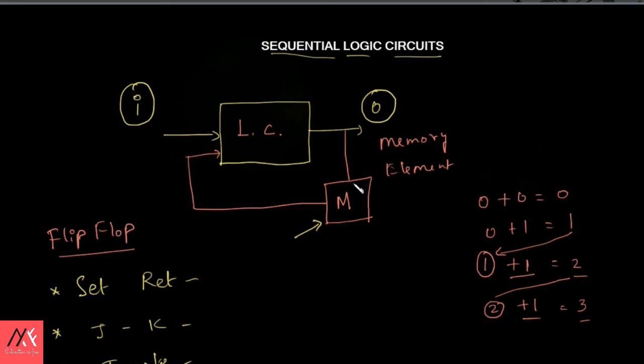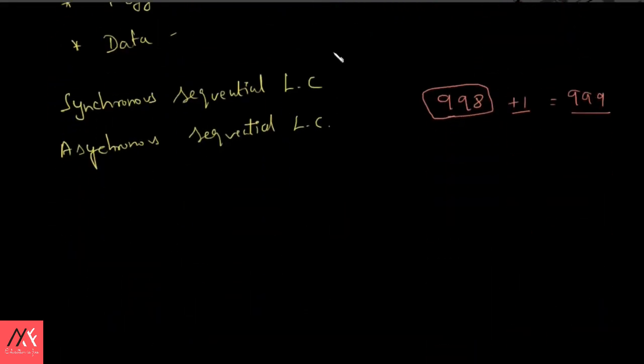But if you come to sequential logic circuits, the present state of the output depends on what is there in the input and what is there in the memory element. So based on how you are operating this memory element, it gives two types of sequential logic circuits: one is synchronous and the next one is asynchronous.